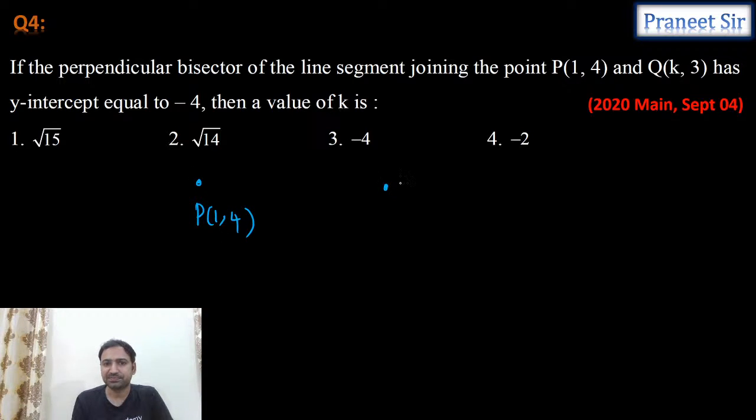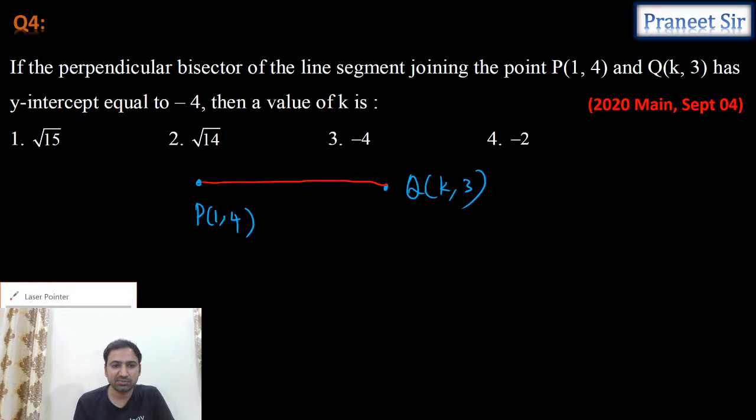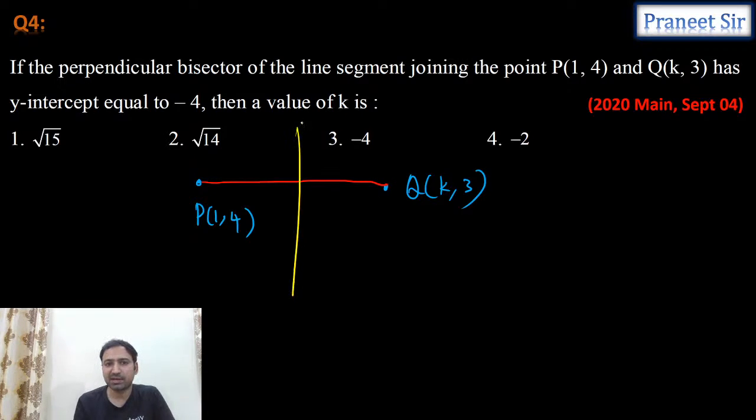Another point is Q(k, 3). Now we need to calculate the perpendicular bisector of this line segment PQ. This is perpendicular to PQ and passes through the midpoint of PQ. Can I calculate the midpoint? Midpoint of PQ is ((k plus 1) by 2, 7 by 2).